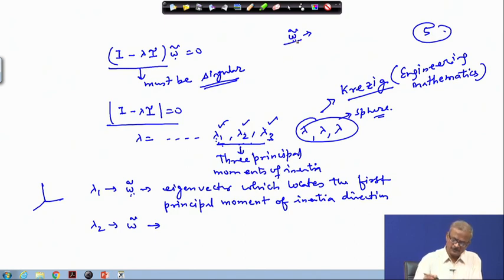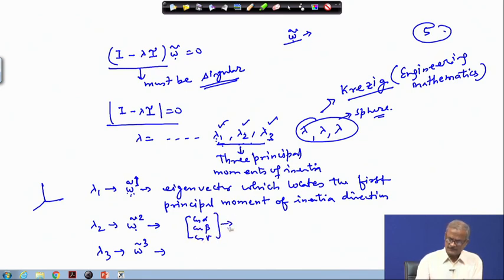Okay. So, for the next one, I will write it in exponent terms, not to indicate that these are the components of omega, but rather that these are the eigenvectors themselves. Similarly, for lambda 3 it is omega tilde 3. The components of this omega tilde will be cos alpha, cos beta and cos gamma.